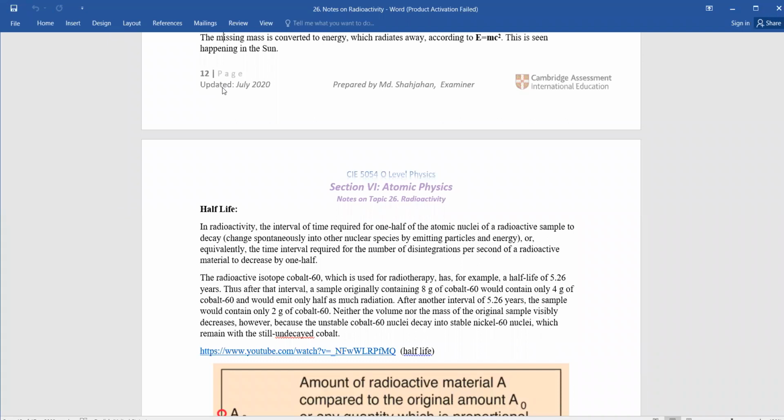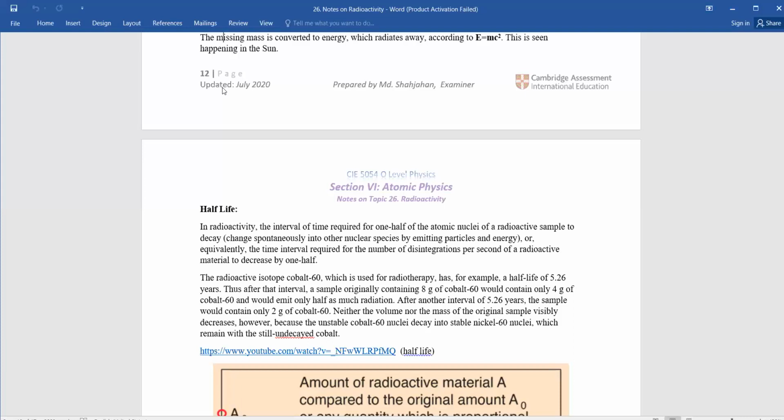Like you are getting the radioactivity now, 1000 in your Geiger-Müller tube. You are getting the count now 1000. Then the time required to become the reading 500, that time is called half-life.